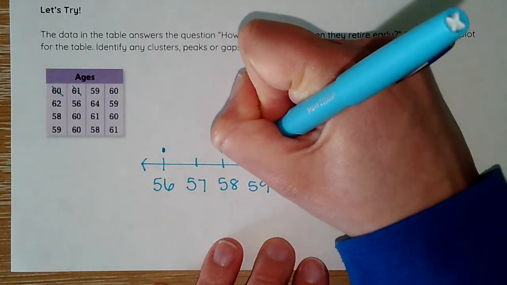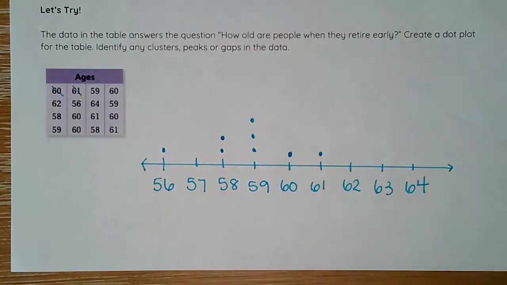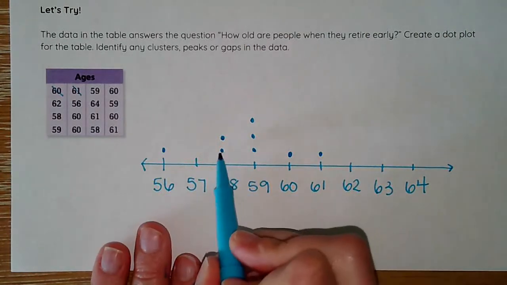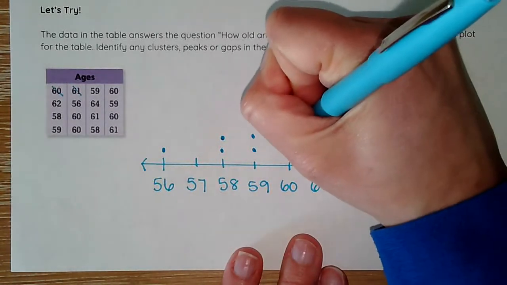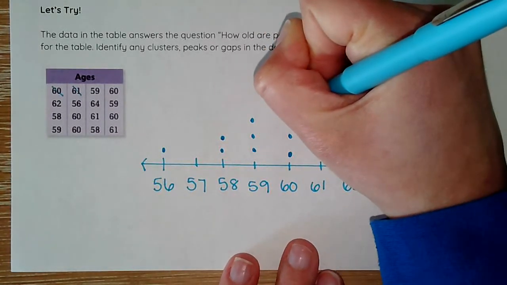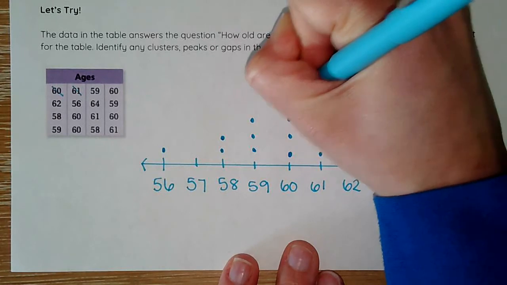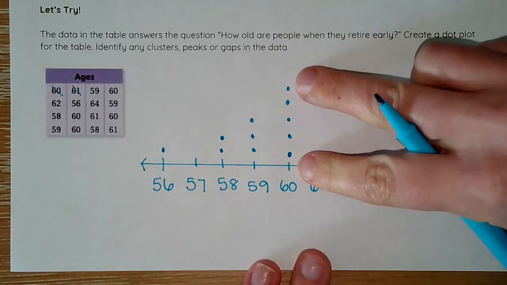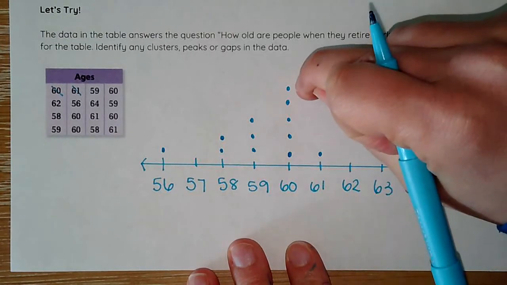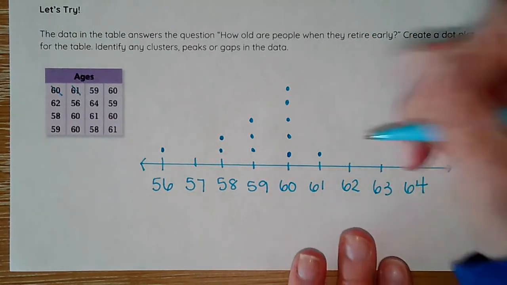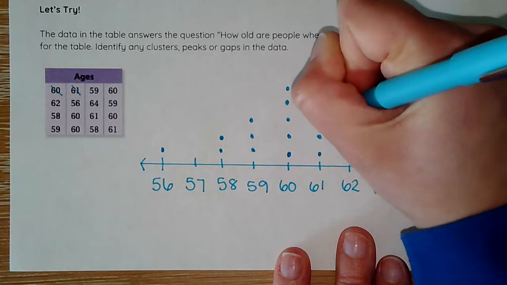Now, like I said before, you do want to make sure that when you're doing this, your dots are kind of trying to stay in line. If your dots are not in line, you could get messy results. It's not as easy to read. For example, if all of these were mushed together, you might not be able to see that 60 has more results than 59.